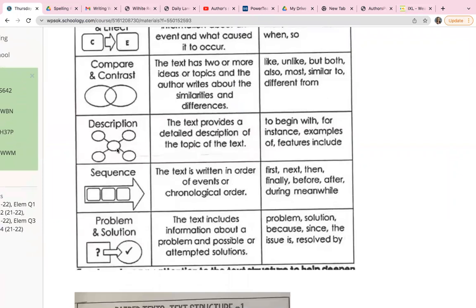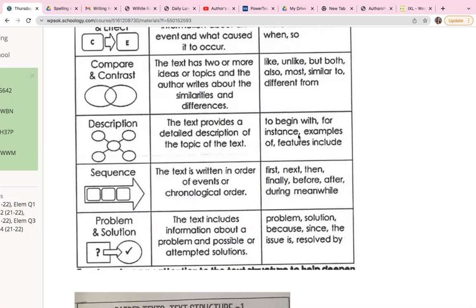Description. If something is talking about all the details, remember our graphic organizers. So if we were talking about Martin Luther King and all the things he has done and when he was born, and we're describing him and what he has as a character and what he's done for American history, you put his name right here. And from the text, you put all the information about Martin Luther King in this graphic organizer.